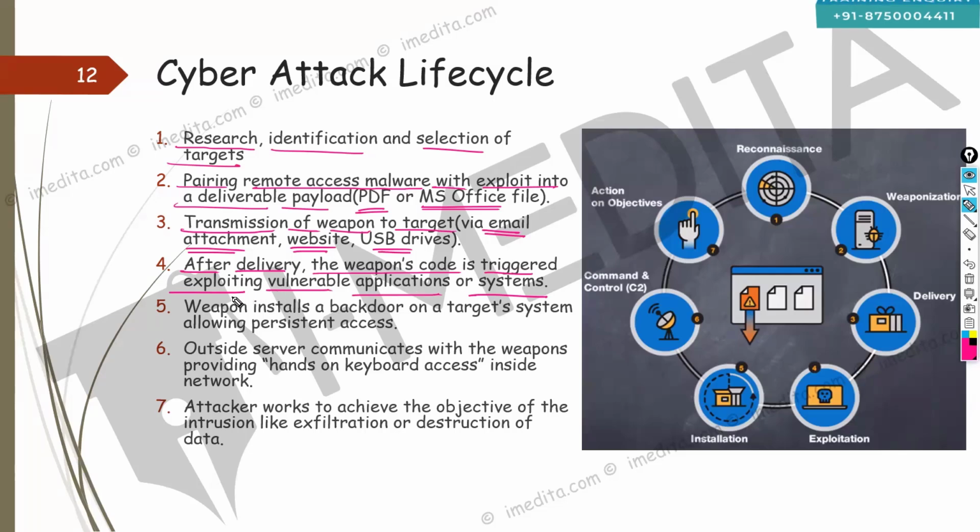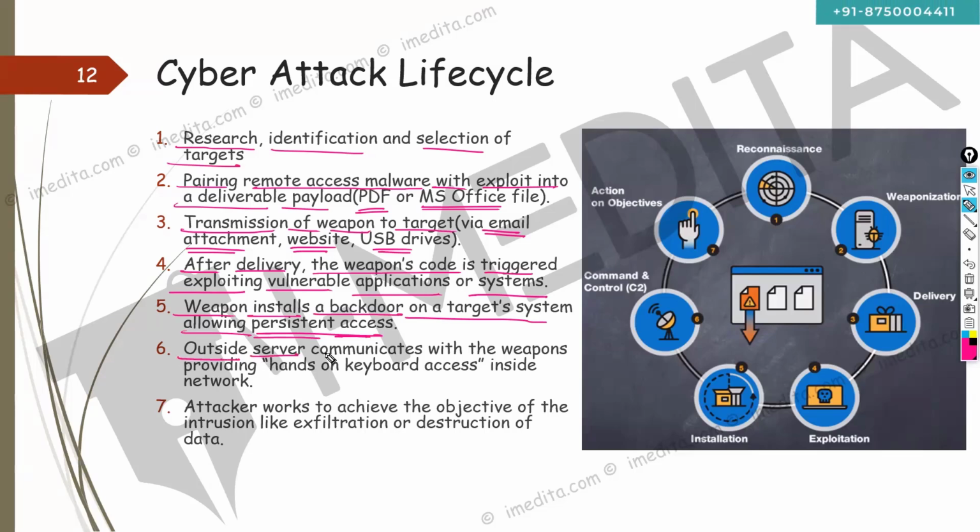So vulnerable applications are cracked or exploited with the help of that malicious program or malware, which we call the weapon here. The weapon will install a backdoor application on the target system, so that the attacker can have temporary or permanent access.